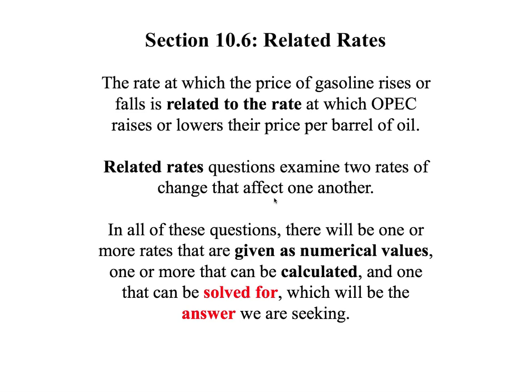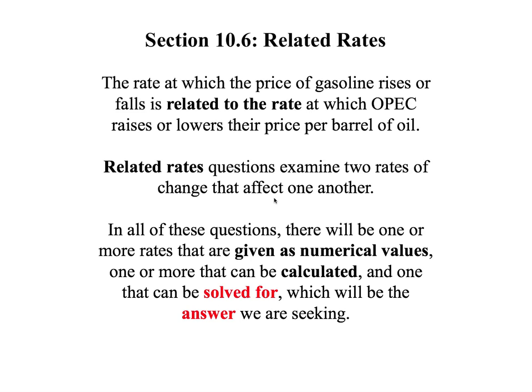As you may recall, related rates just means that the rate at which one thing is changing with respect to another is related to another rate of change. The example I gave is that the rate at which the price of gasoline rises or falls is related to the rate at which OPEC raises or lowers their price per barrel of oil.